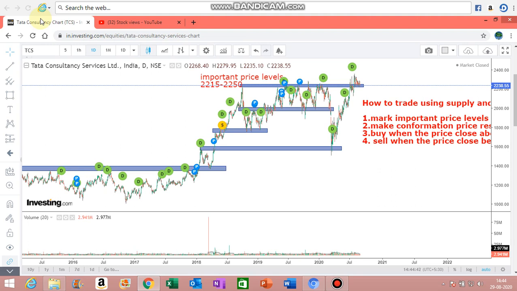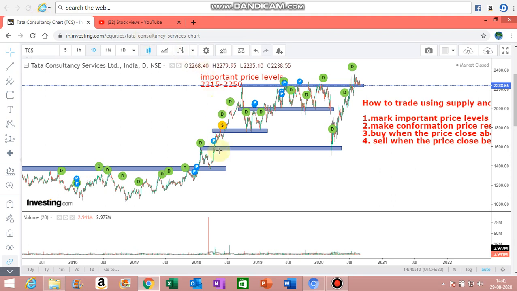In the technical chart, you can see the supply and demand zone. Based upon those zones, we can decide whether to buy a particular stock or sell a particular stock. I have chosen TCS, Tata Consultancy Service.